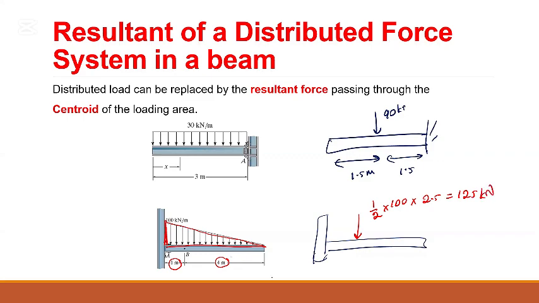And acting where? From the tip, 2/3 times 5, which is 3.33.